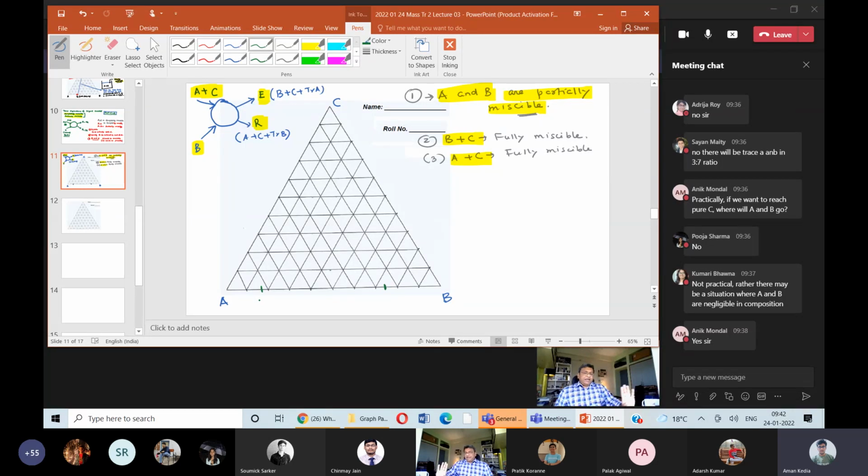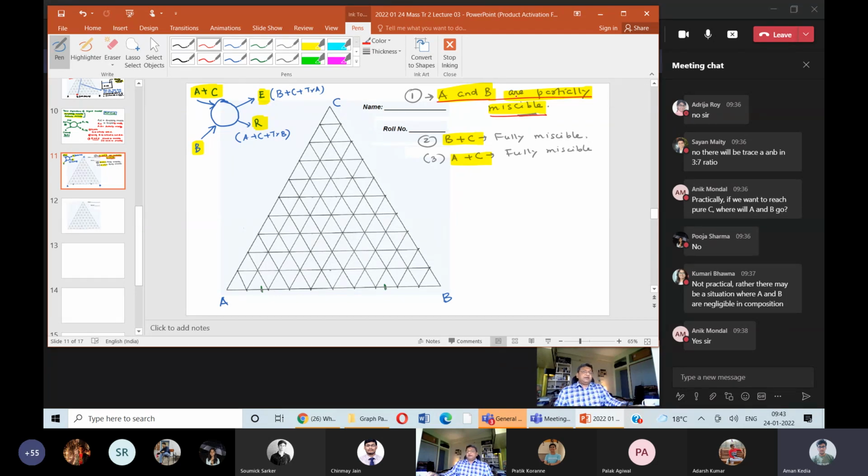The AC line remains untouched. The BC line remains untouched, but there are going to be 2 points on the AB line. Is it clear to all? Because A and B are partially miscible.